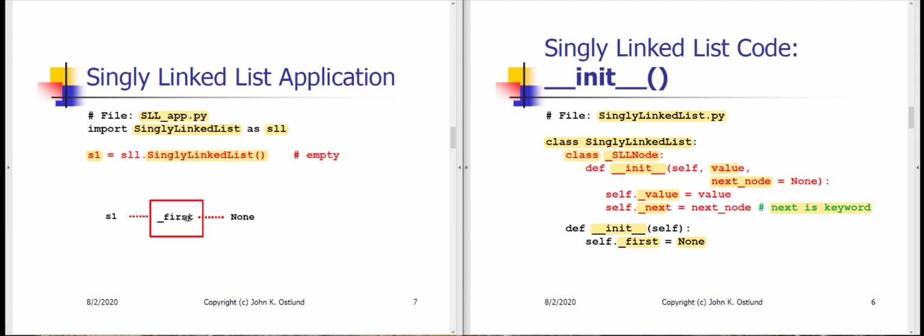But because the singly linked list is empty, _first at this point is referring to none. That's what's happening over here with this statement, self._first gets none.